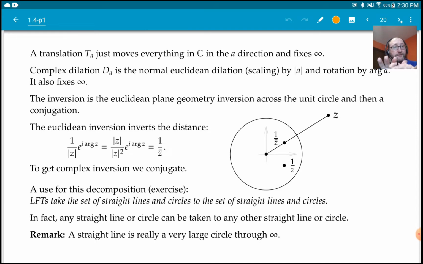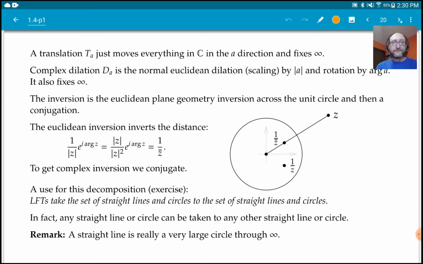If I think of the stereographic projection that we defined last time, where we showed the Riemann sphere and did an identification with an actual sphere, in that geometry, if I look at a straight line in C, that's actually going to be a circle on that sphere that goes through infinity, right?